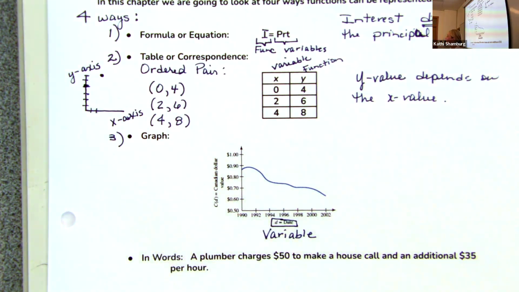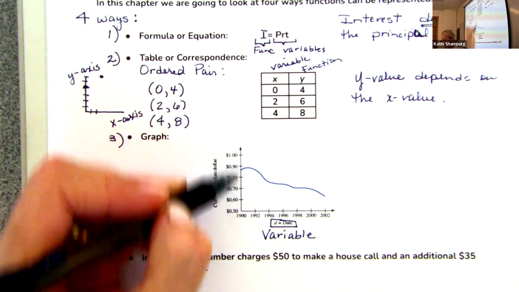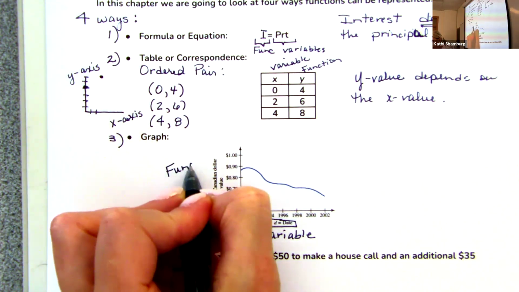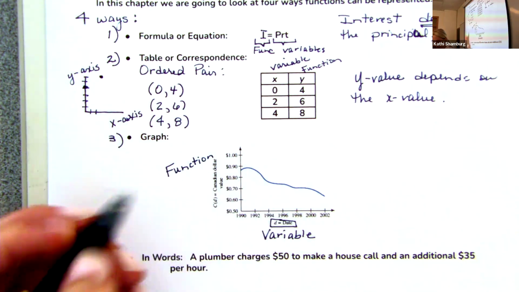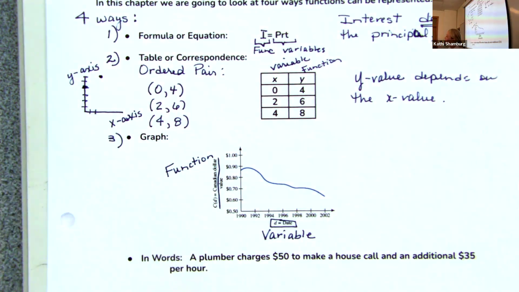The date. The vertical axis always represents my function. And what is my function? Canadian dollar. All right, so what always depends on what? Function depends on variable, variable depends on function. Which one? Function always depends on variable, right?